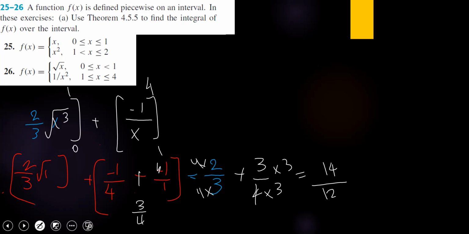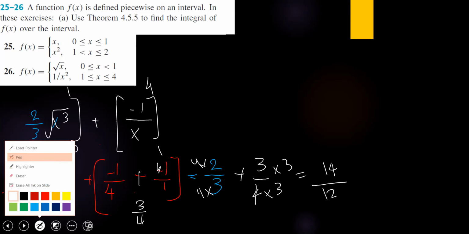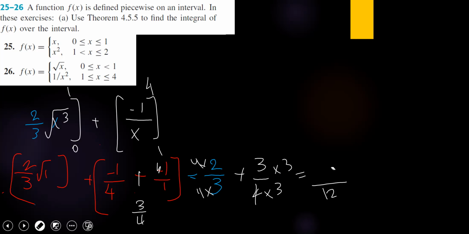Now if it's 9 plus 8, no, 9 plus 8 is 17 over 12, which is 1 and 5 over 12.